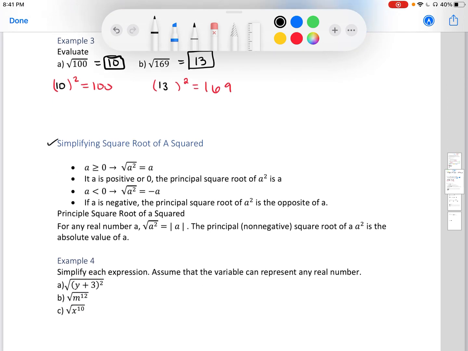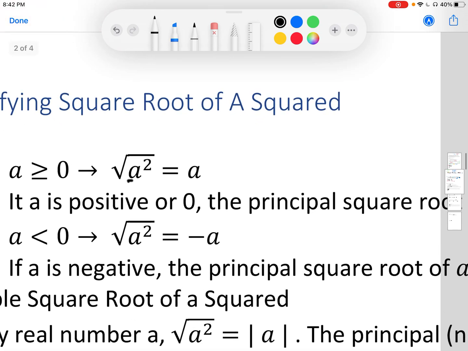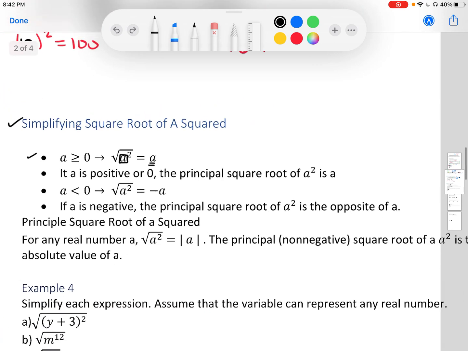Simplifying square roots of a squared. First bullet point reads, if a is greater than or equal to 0, then the square root of a squared equals a. So meaning if this right here is positive or 0, hence the greater than or equal to, then I can just go ahead and get a in return. Notice I have an exponent of 2.